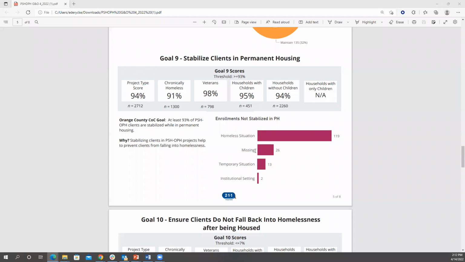Some 26 went to missing information, so the data wasn't collected, or the client refused to share, or an exit interview wasn't completed. That's all missing. 13 went to temporary situations, like a hotel or with friends or family temporarily. And 2 went to institutional settings like a hospital or jail.